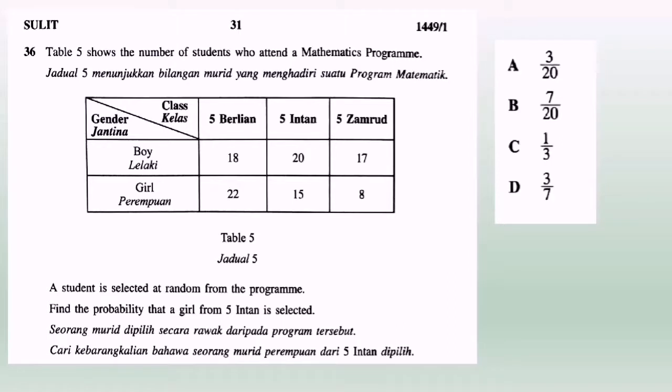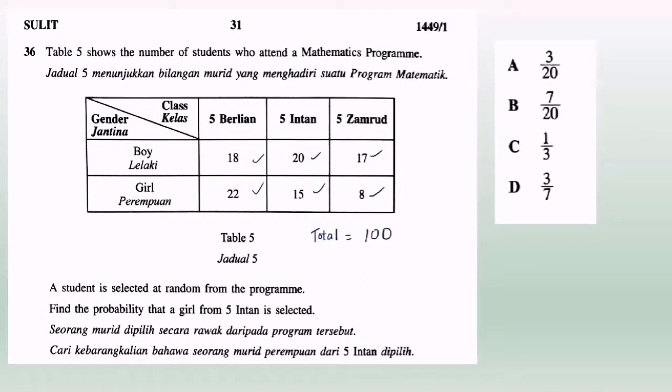Question 36, Table 5 shows the number of students who attend a mathematics program. A student is selected at random from the program. Find the probability that a girl from 5 Intern is selected. Okay, so first you need to find the total of the students. So you add all the numbers here, so equals 100.